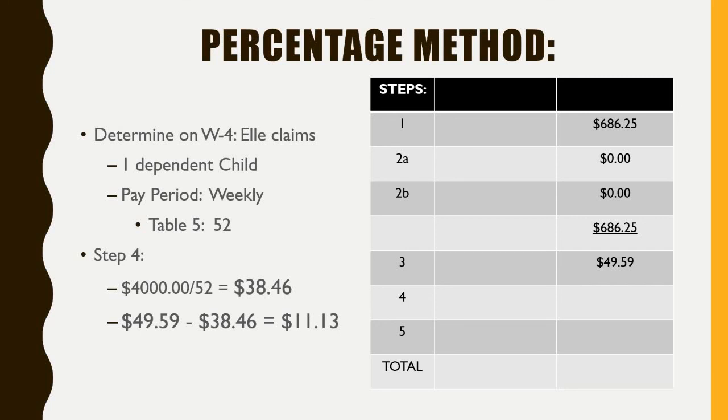That's how much you can withdraw from her account, because she is claiming her child, which is going to cost $38.46 per paycheck. So therefore, she's only going to contribute $11.13, okay, as her federal income tax withholdings. Okay. Any questions here?